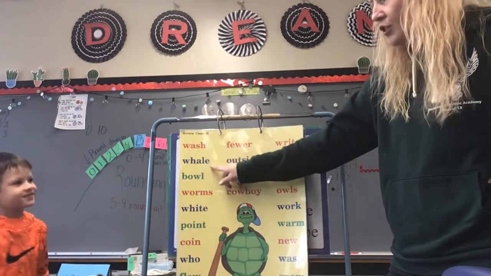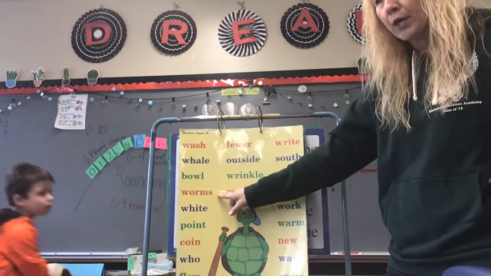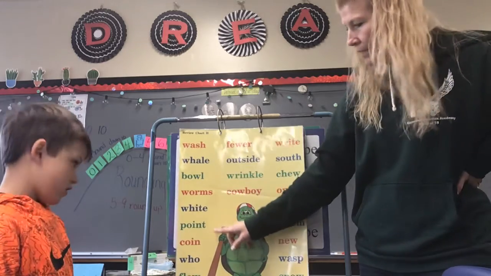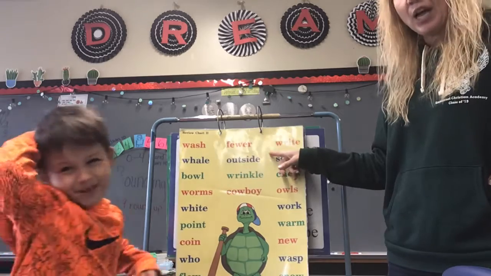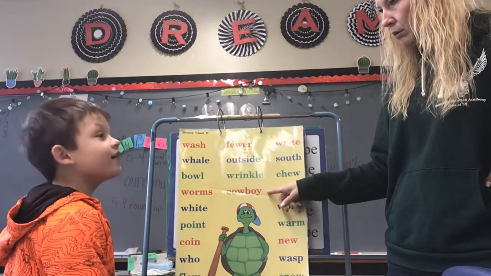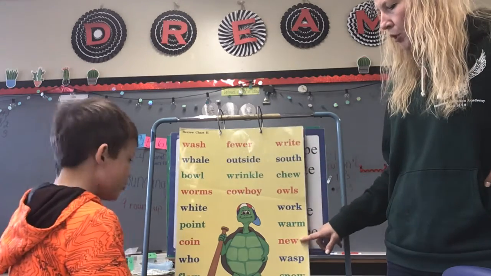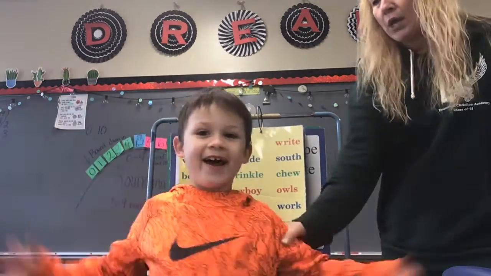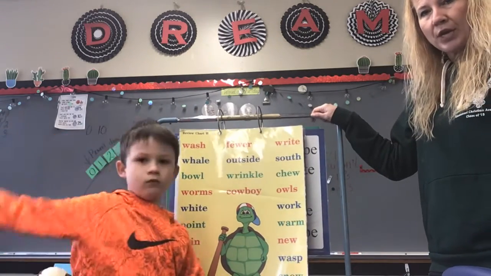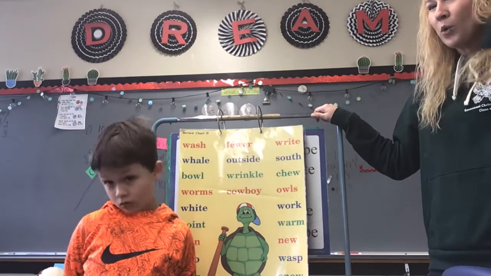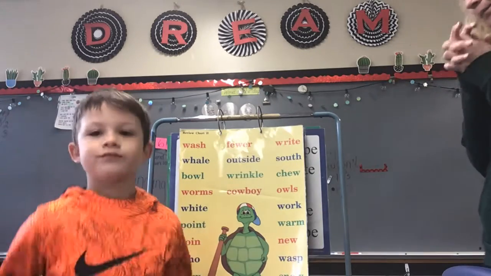Wash, whale, bowl, worms, white, point, coin, who, flew, fewer, outside, wrinkle, cowboy, right, south, hours, warm, new, wasp, snow. Ta-da! Now, stand to the side, Ben. I'm going to give a word and a clue. You try to figure out what word it is before Ben does. So Ben, go ahead and stand off to the side. Good. All right, here we go.